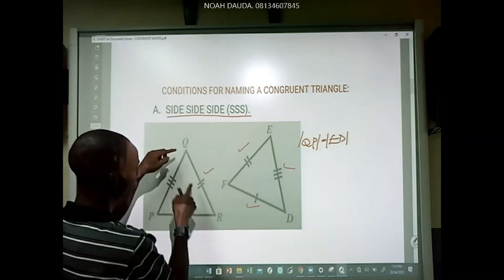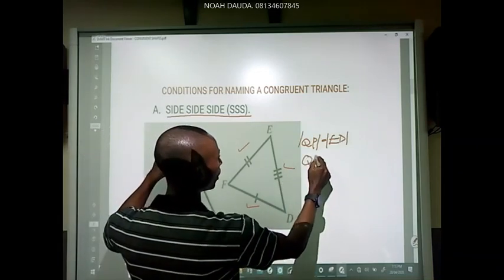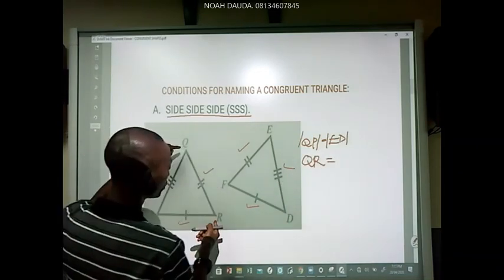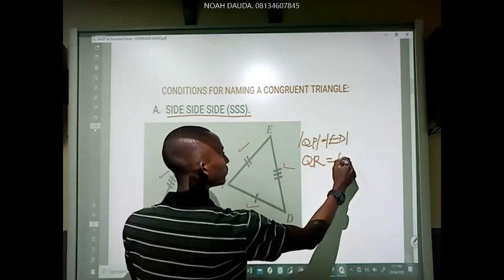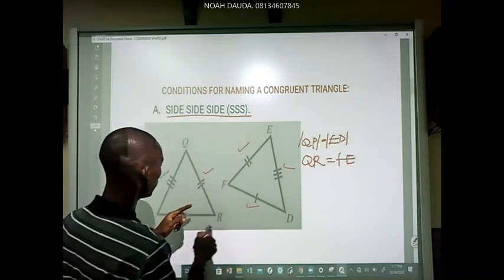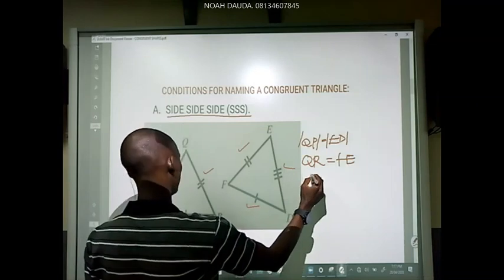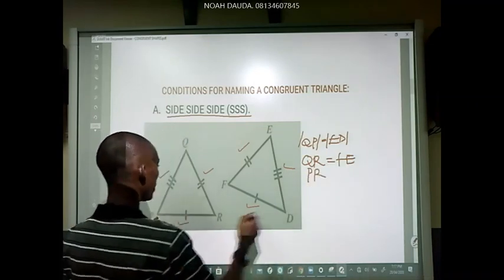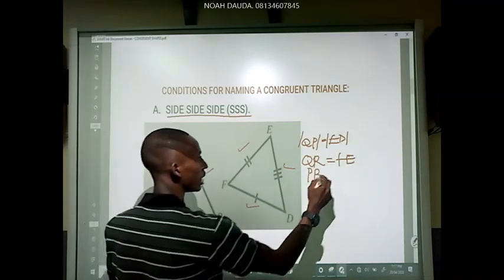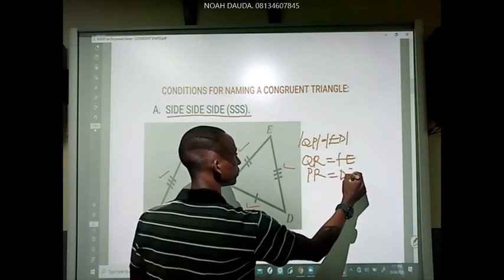Also, line QR is equal to line FE. Also, line PR is the same as line DF.